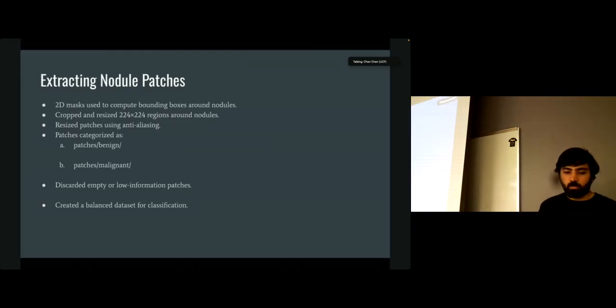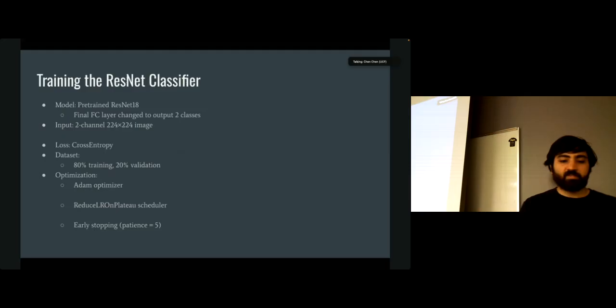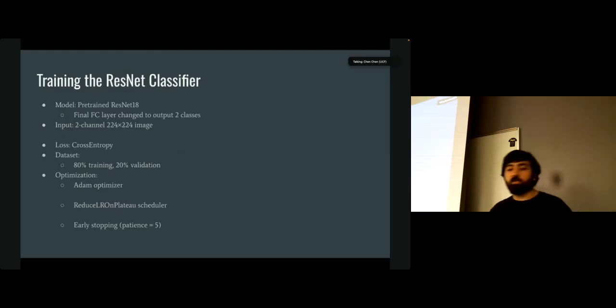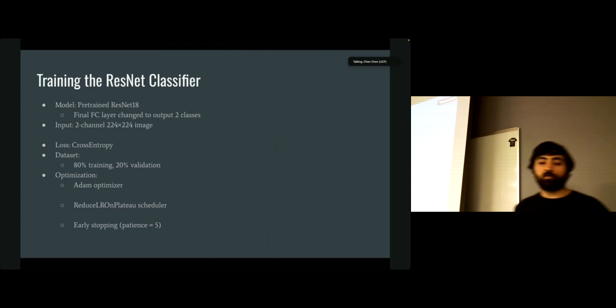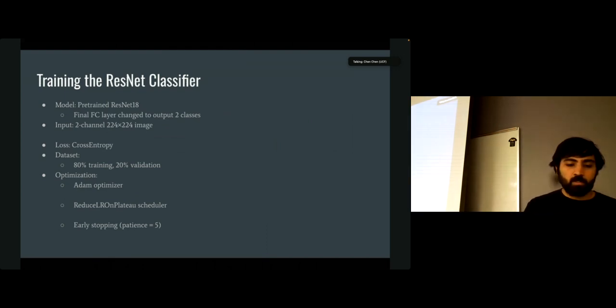Basically, is it cancerous or not? So I just take those labels and the patches that I have cropped, and then I train the ResNet classifier. I already mentioned I use a pre-trained ResNet, but I fine-tune on the data to output two classes, which is whether it's cancerous or not.